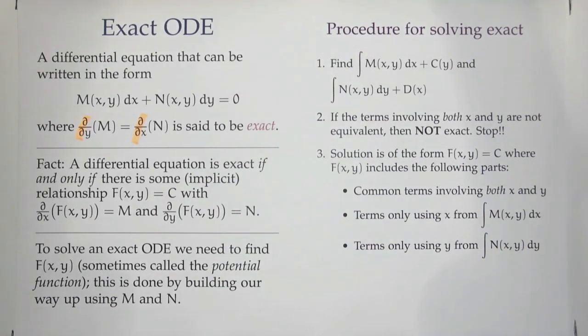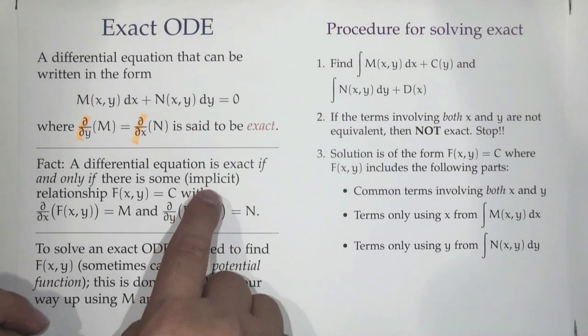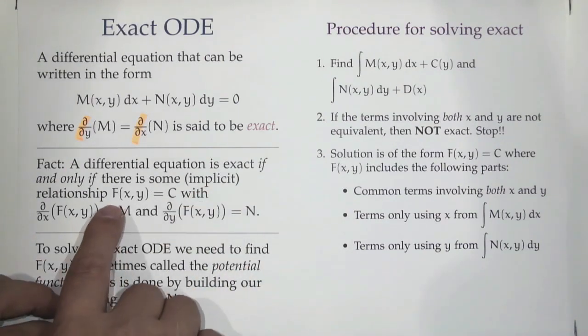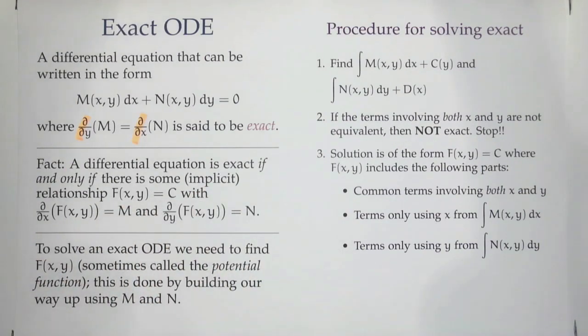And if you don't like multivariable calculus, you can also think of single variable calculus and say, well, it's implicit differentiation of this expression f of x, y equals c. So that's all right. So there's this fact that there is some solution out there.